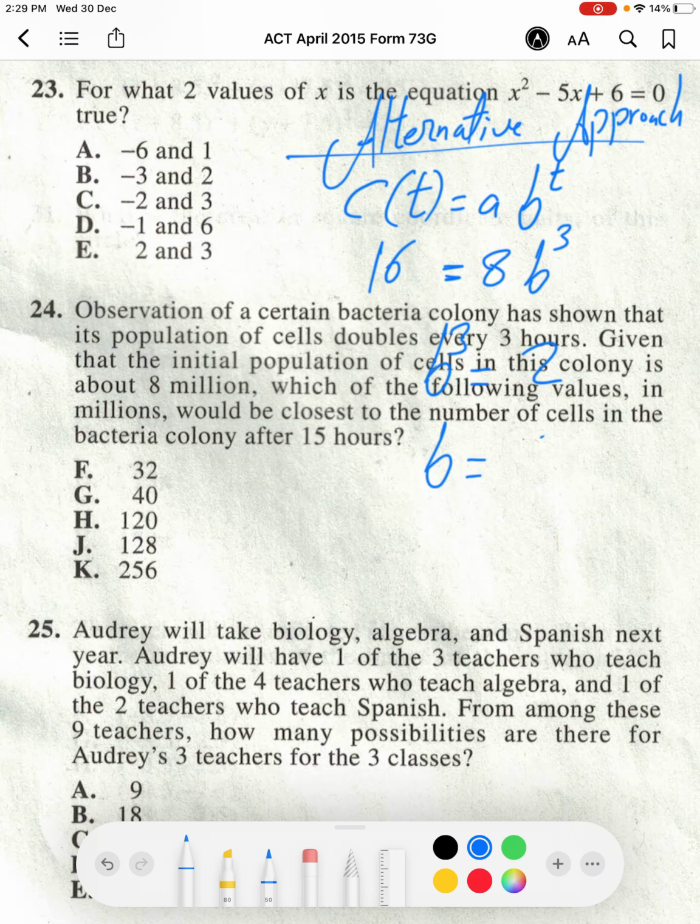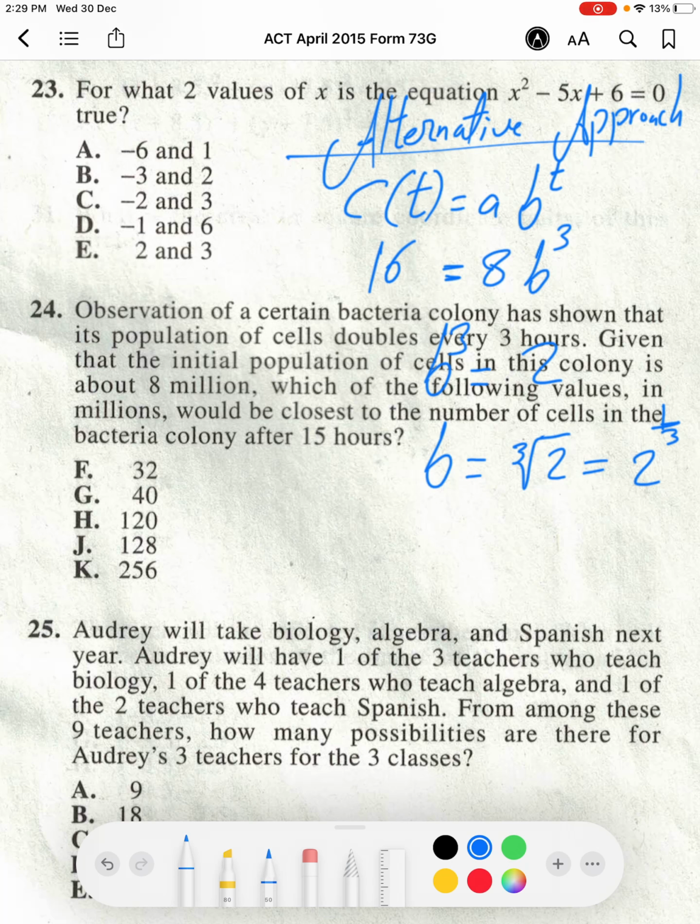So b equals cube root of 2. Why? B cubed is equal to 2, but I want to find the value of b, so I take the cube root for both sides. So b equals cube root of 2, which equals 2 power 1/3.